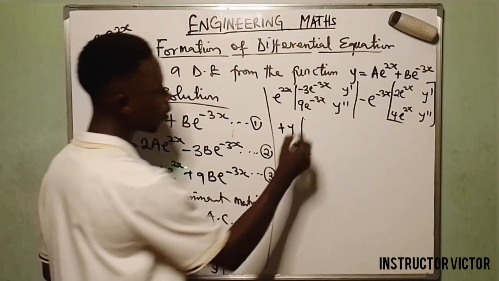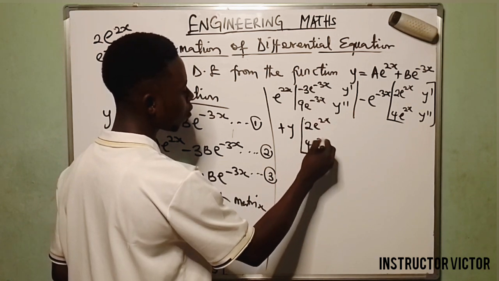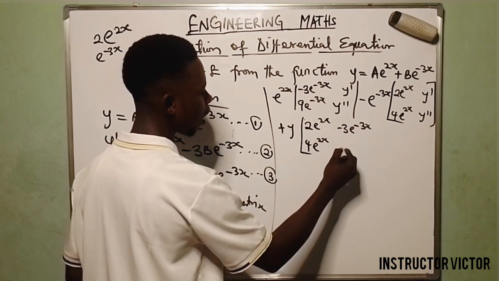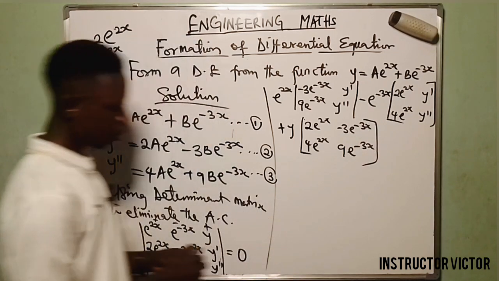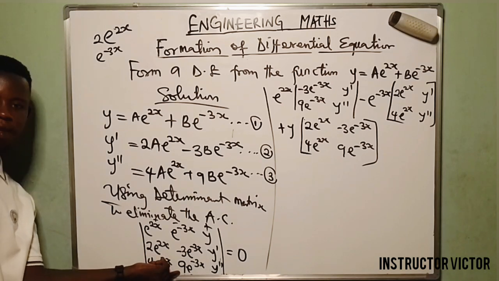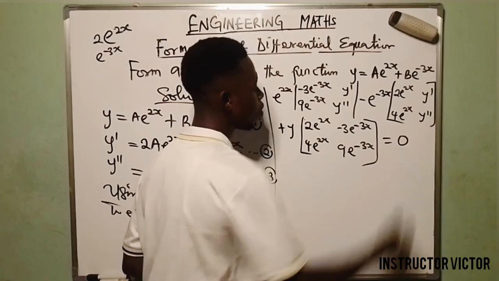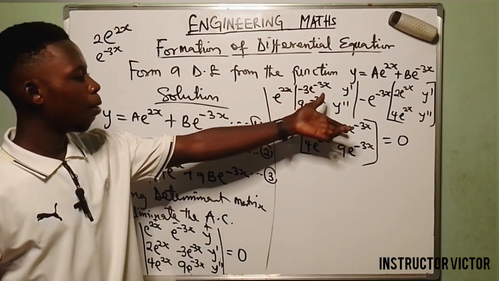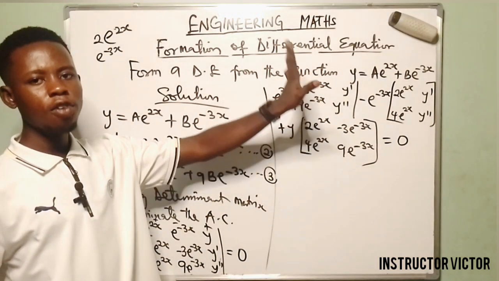So you now have 2 exponential 2x, 4 exponential 2x, minus 3 exponential minus 3x, and 9 exponential minus 3x. Check what I have here and what we have here. They are the same thing, right? Now, don't forget to equate it to 0.